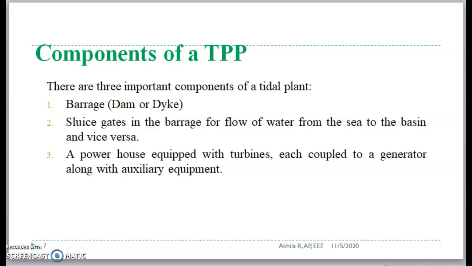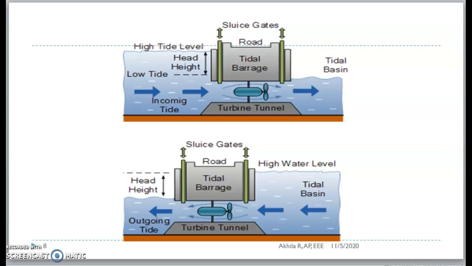Now let's see the components of a tidal power plant, or TPP. There are three important components of a tidal plant: the barrage, which you also call a dam or dike, then sluice gates in the barrage for flow of water from the sea to the basin, and then a powerhouse equipped with turbines, each coupled to a generator along with auxiliary equipment.